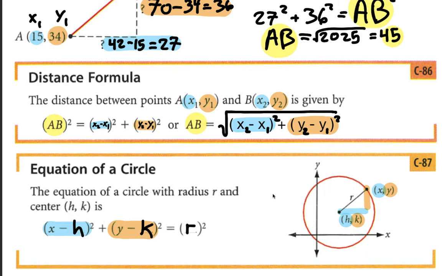The center, in general, we call it h comma k. That's where the center is. The x value of the center is what we call h, and the y value of the center is what we call k. Just kind of like the slope is usually m, and the y-intercept is b. The number that you solve for is x, whatever. So h and k, that's what we normally have.